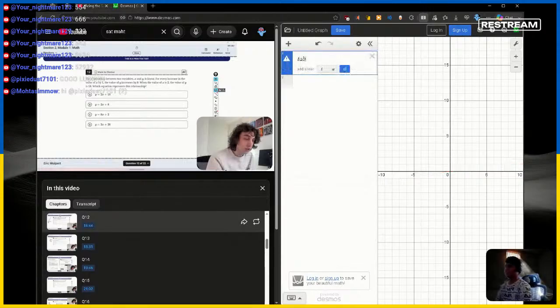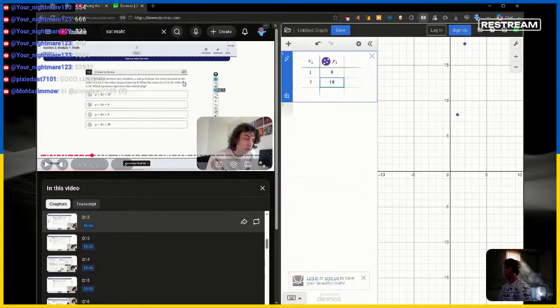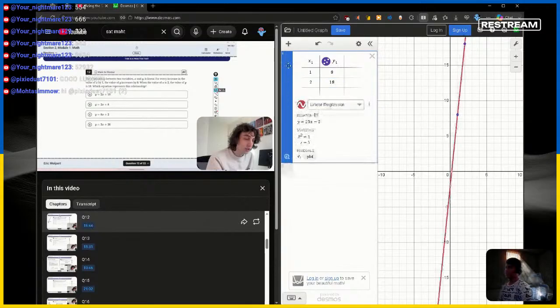I mean, if you think about it, you could just use a table. If the value of x goes up by 1, y should increase by 8. When the value of x is 2, y is 18. But here's the thing, it says for every increase in the value of x by 1, so that's making me sketchy.